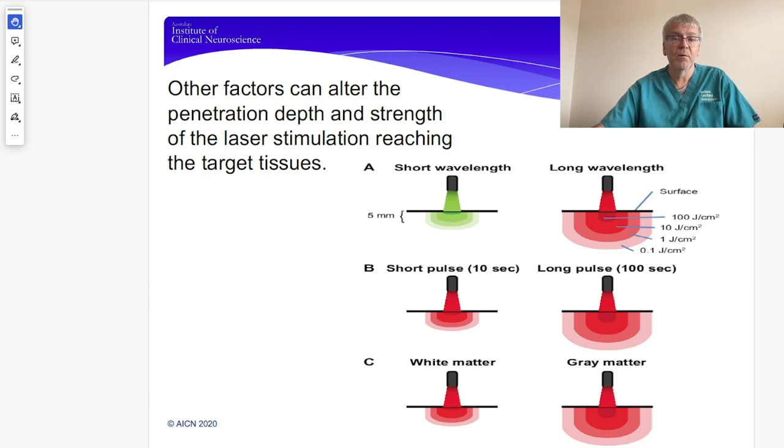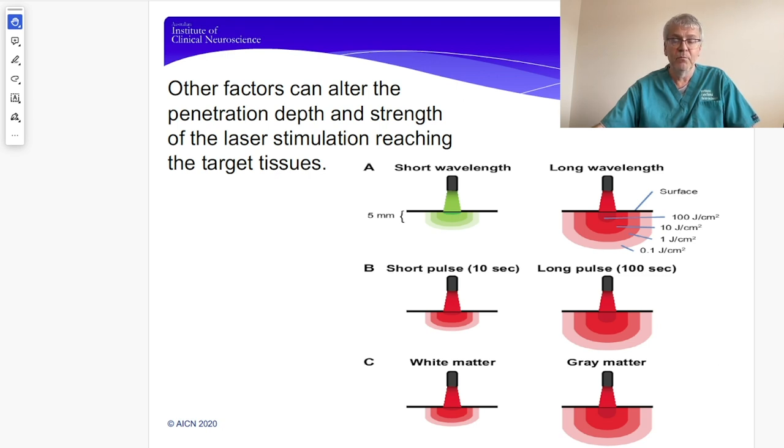If we have a short pulse, with the laser turning on and off and the time in between being short, we get less penetration than if we have a long pulse.